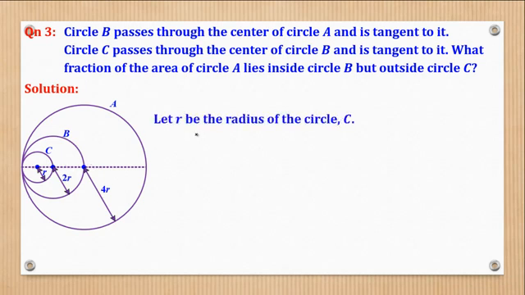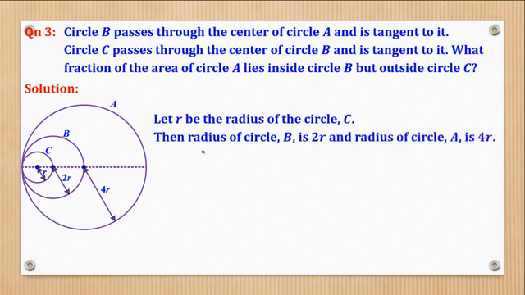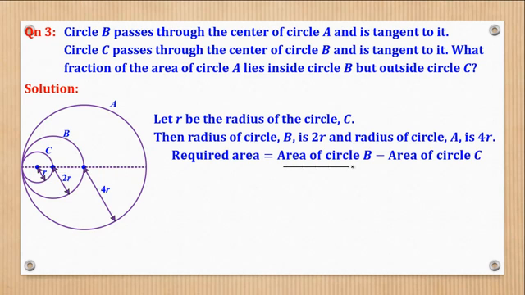Then we shall come and say that the required area is equal to the area of circle B minus the area of circle C. But remember they talked about fraction, but let's first get the area. So the area of circle B is given by this, the area of circle C is given by this.